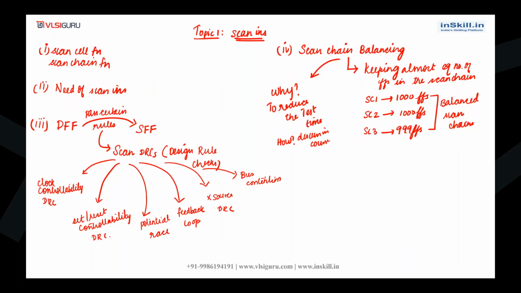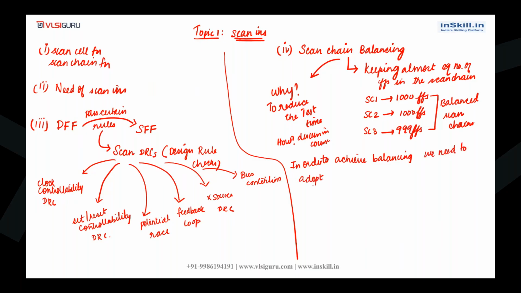In order to achieve scan chain balancing, you need to adopt certain techniques called edge mixing and domain mixing.